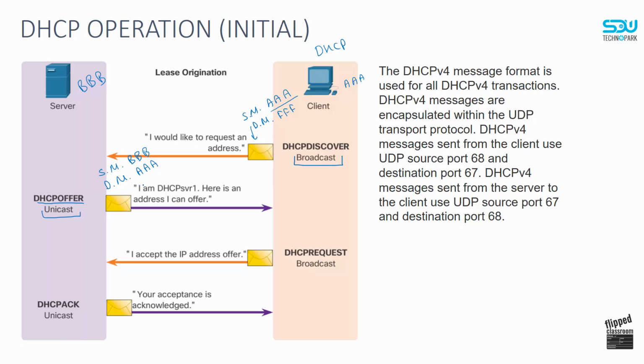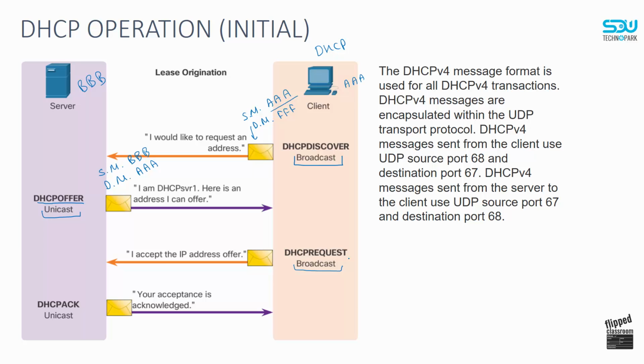And afterward, our equipment can make the DHCP request by broadcast again, so that our computer is sending information by broadcast. It is not because our computer doesn't know the MAC address of the DHCP server.